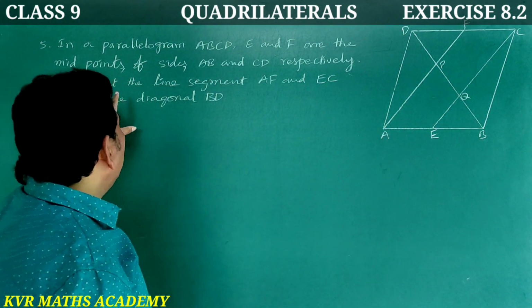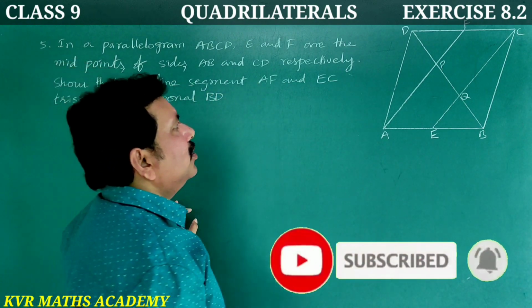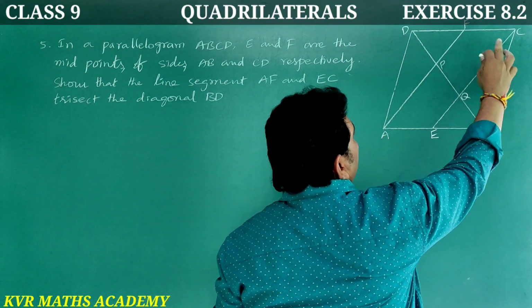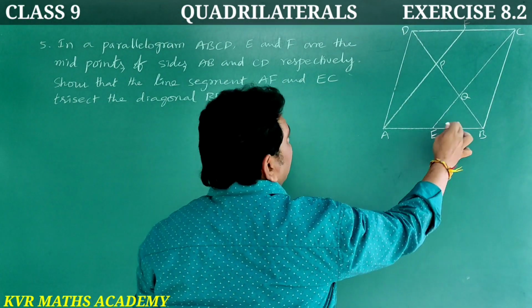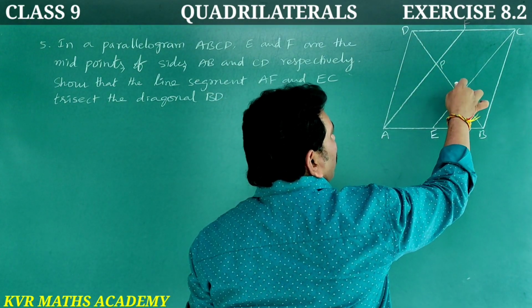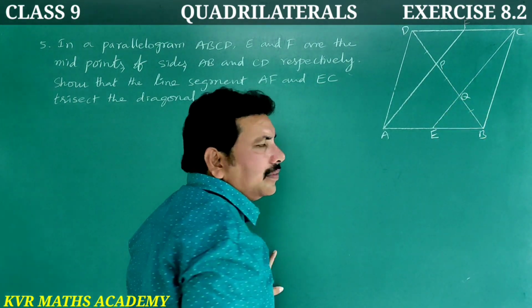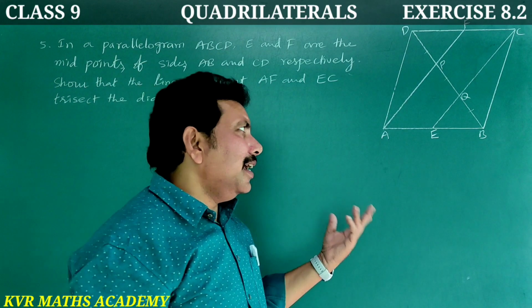Right? So show that the line segments AF and EC trisect the diagonal BD. That means DP is equal to PQ is equal to QB. We have to show these three are equal. Yes, let us prove.